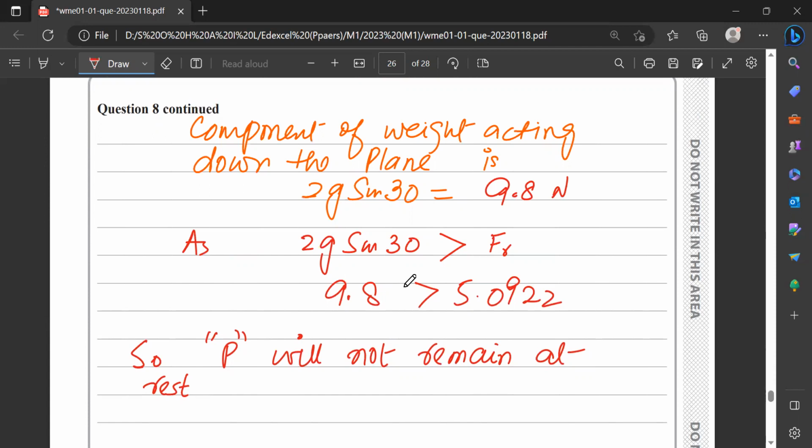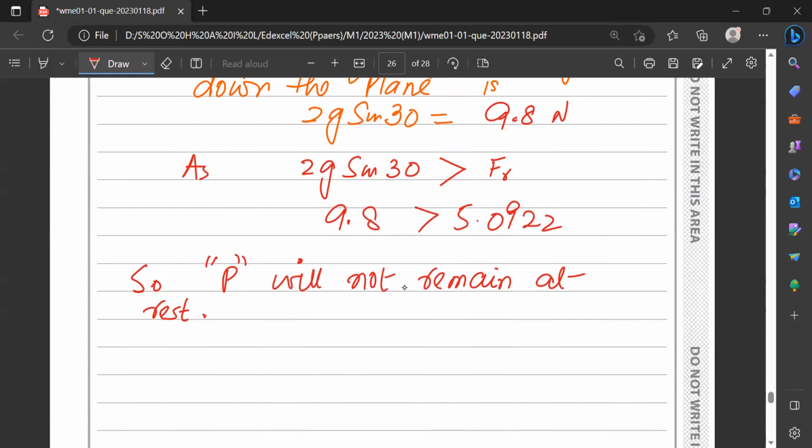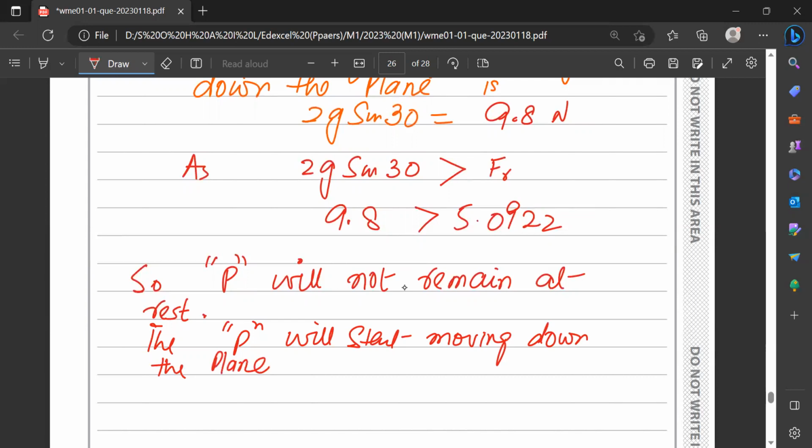So we have this final statement that it will not remain at rest; it will start sliding down, or the particle P will start moving down the plane. Thank you.